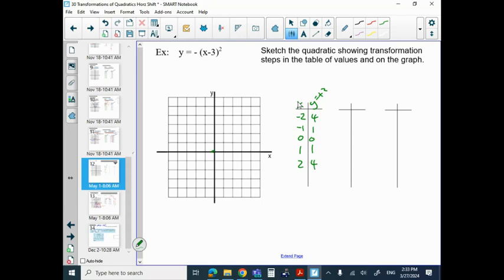And you graph it. Y equals x squared, graph.